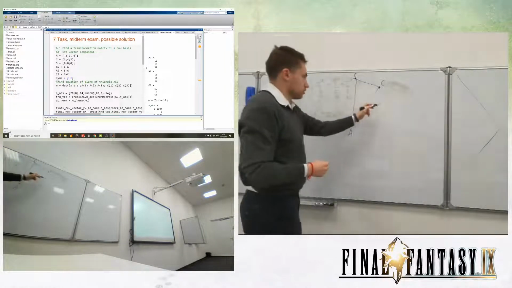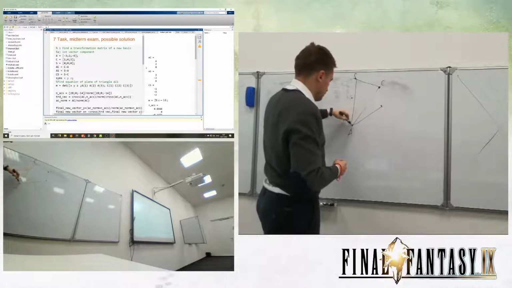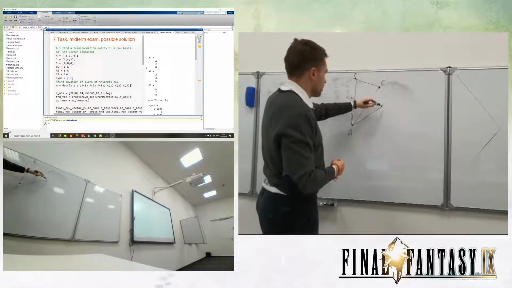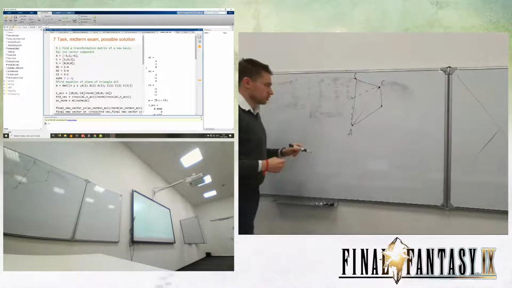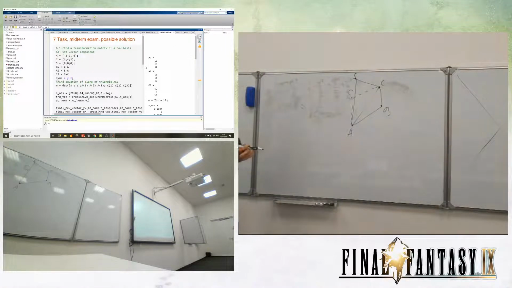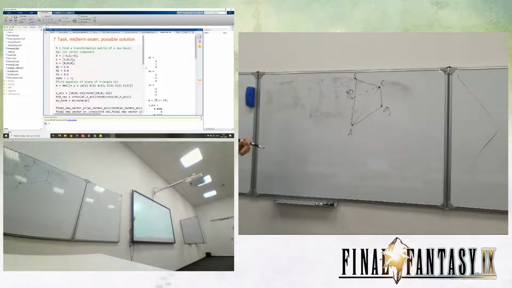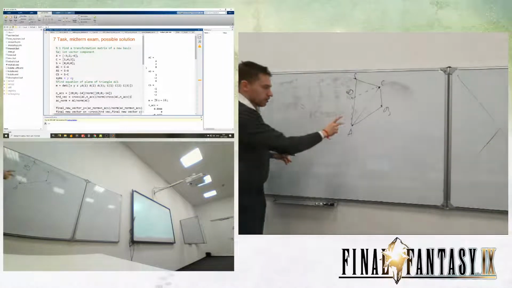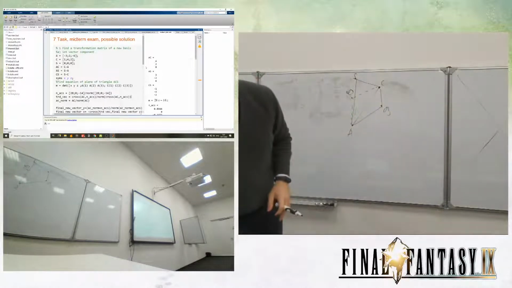We need to find such 2 points which make us a square like this, B and D. The easiest way is to make such bases which will look like this.